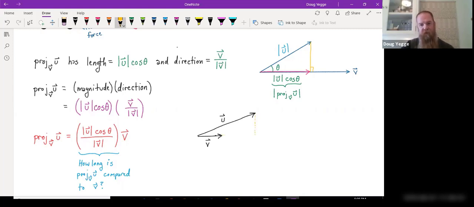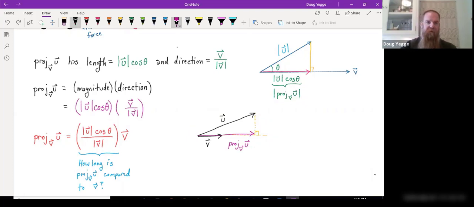So I have to extend v just so that I'm able to get a 90-degree angle. And now I should realize that this vector here is the projection of u onto v. So it's possible for the projection to be shorter than v, as is the case in this situation. It's possible for the projection to be longer than v, which is the situation here.